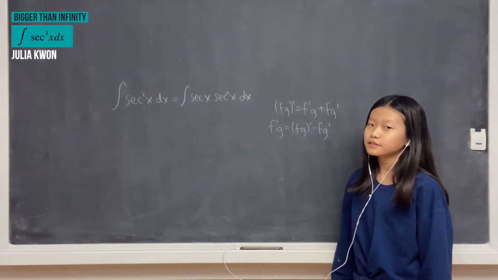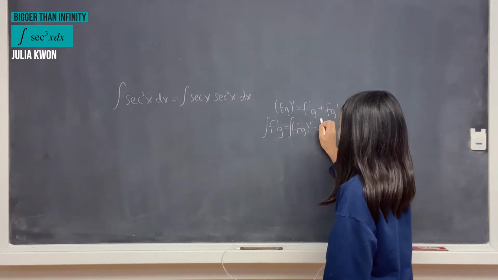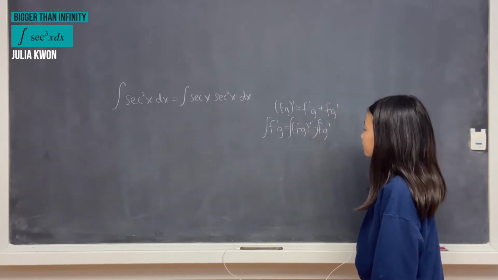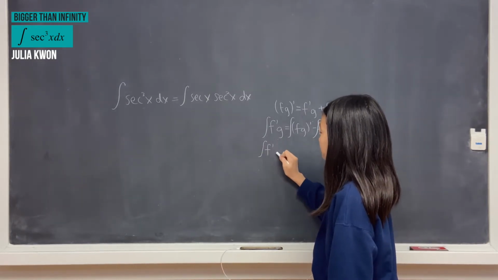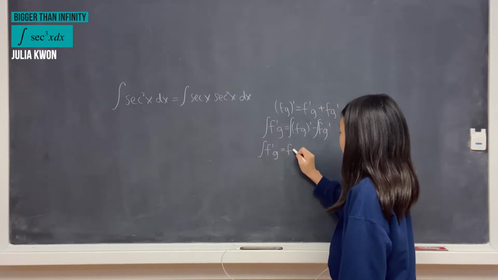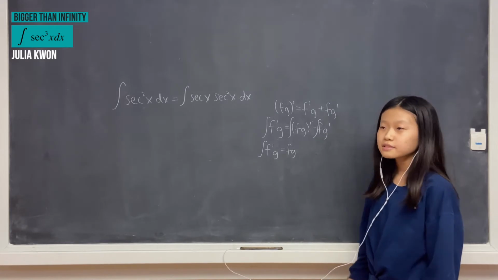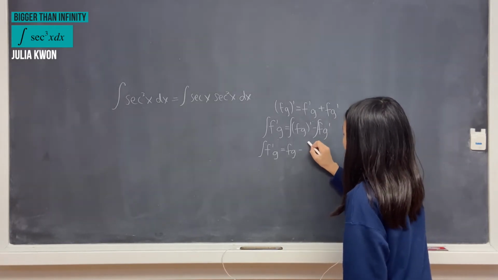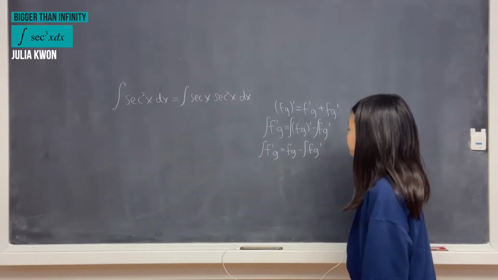And now if we take the integral on both sides, then we would get the integral of f prime g equals fg, because the integral and the derivative can cancel out, minus the integral of fg prime.